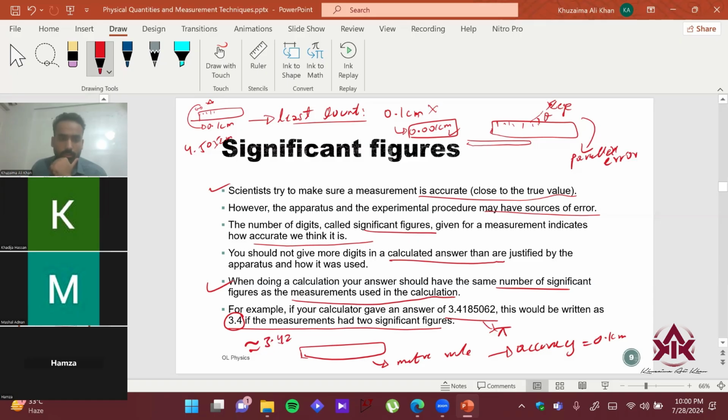Does that make sense or not? Yes or no? Or is it confusing? Khadija, Shal, Hamza, does it make sense? Give me a thumbs up if it makes sense, or just say yes.